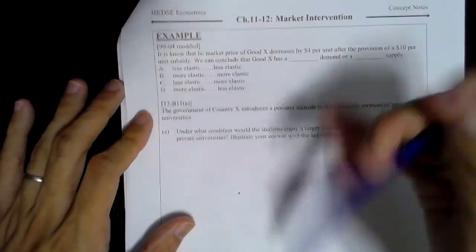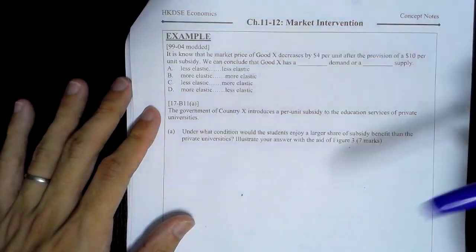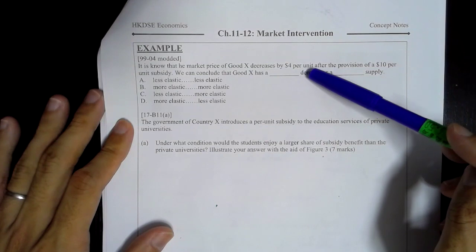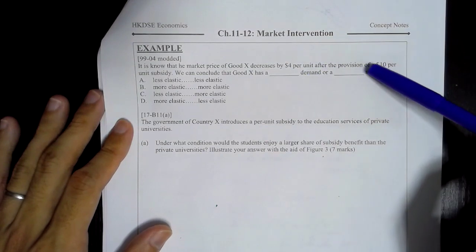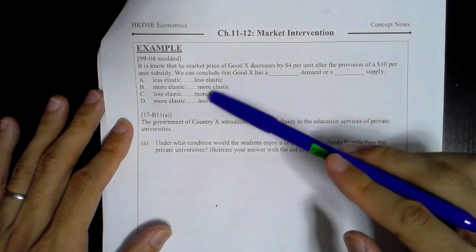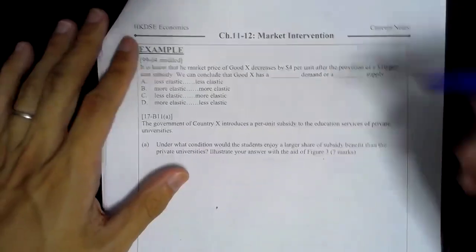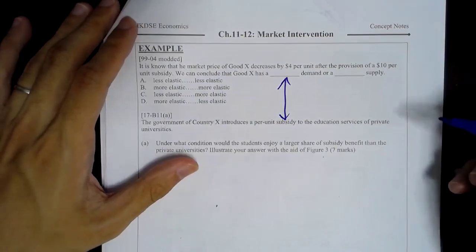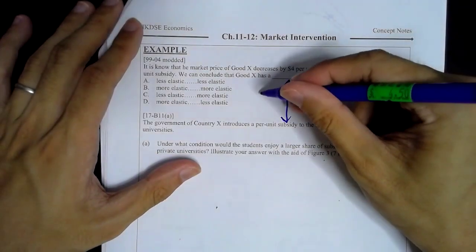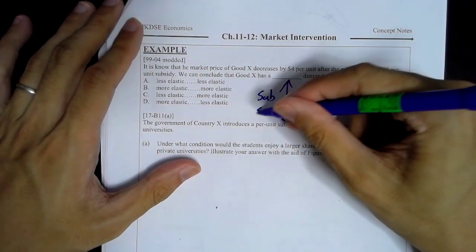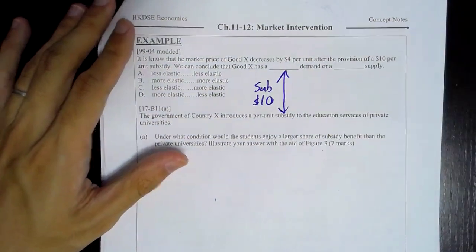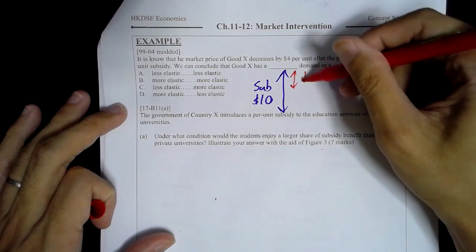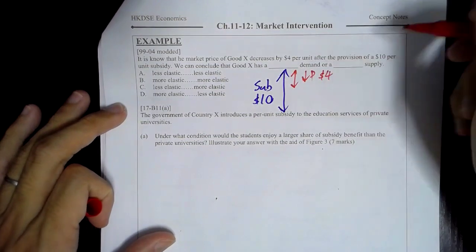Now it is known that the market price decreases by $4 per unit tax after the provision of $10 unit subsidy. So what does that mean? It means we have a subsidy of $10, but somehow it only results in a decrease in price of $4.